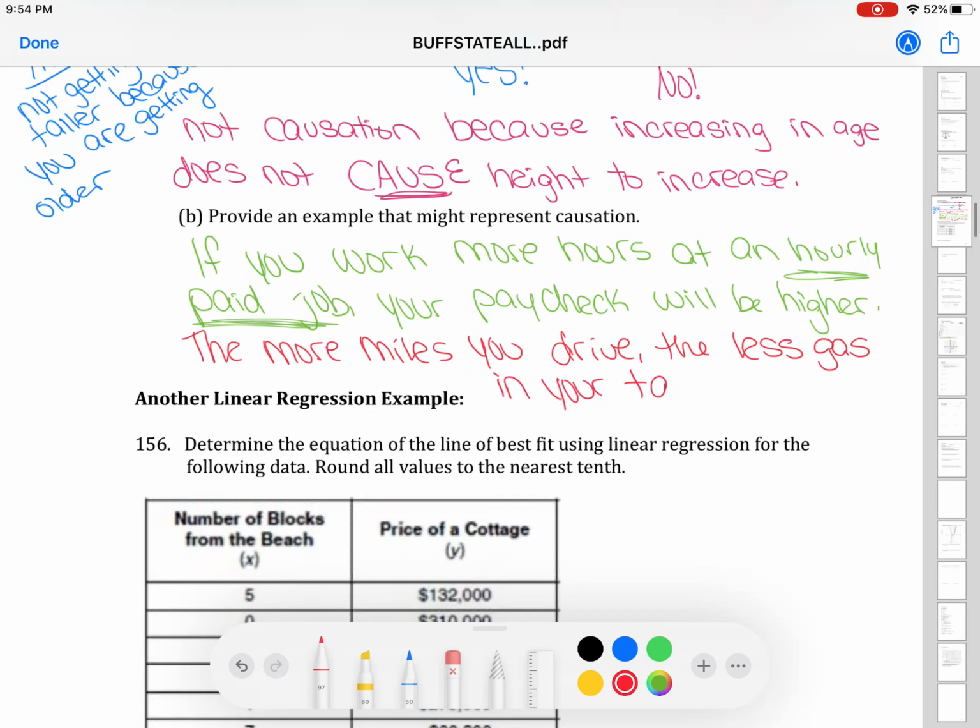There are so many different examples, but for that one, the more miles you drive, the less gas is in your tank, because driving more causes you to use gas, so as a result there is less gas in your tank. Cause and effect. It doesn't just happen to lose gas. It's a result of the thing that's happening.